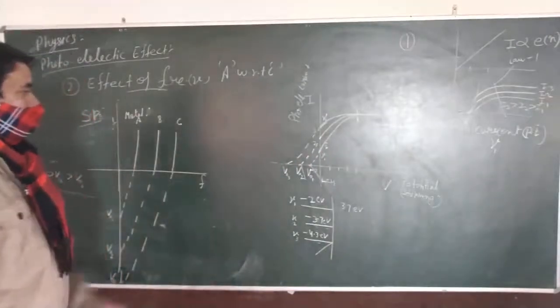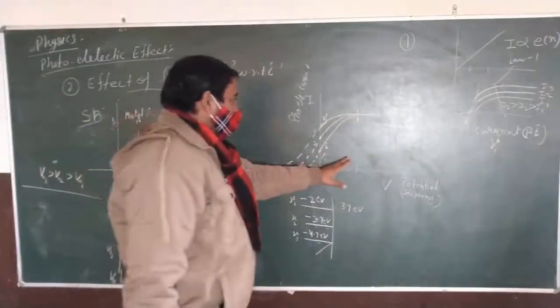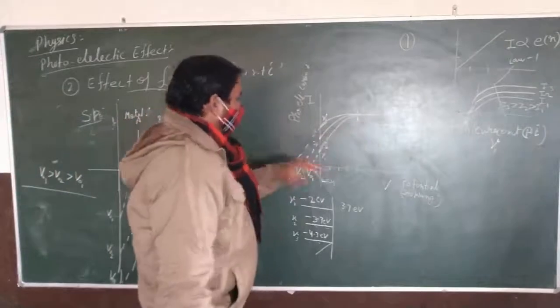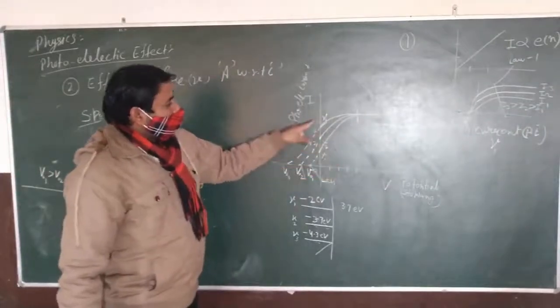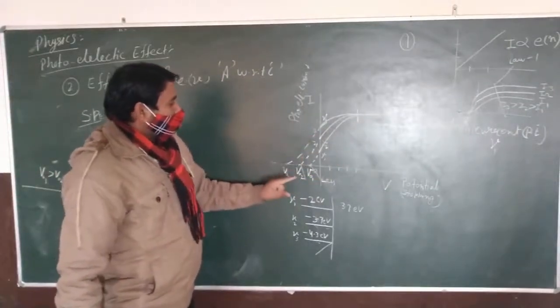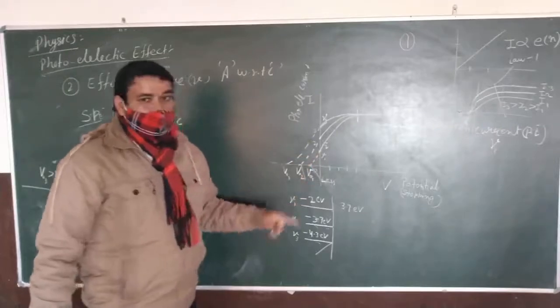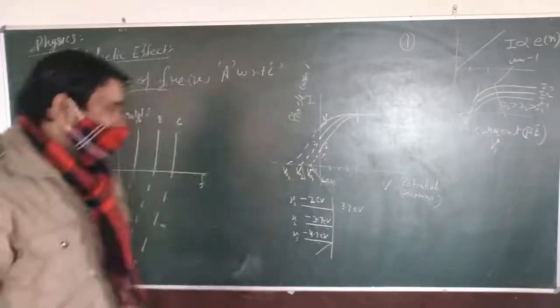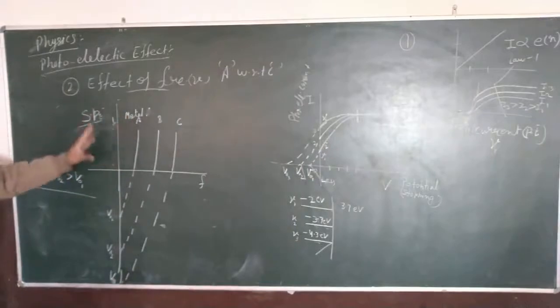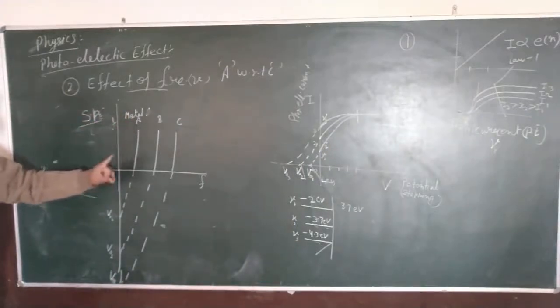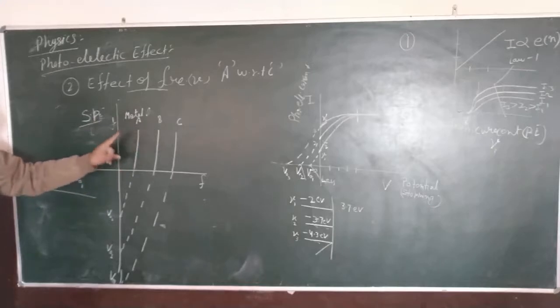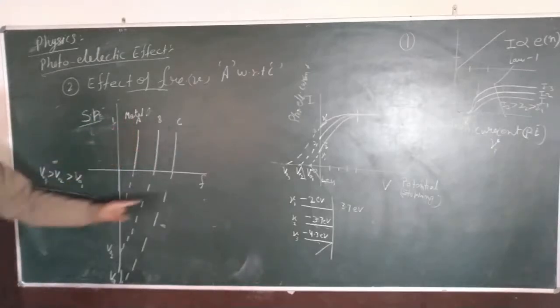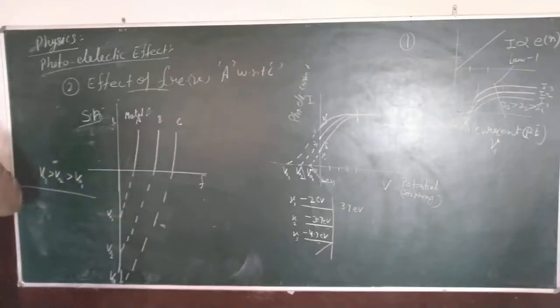The next graph is for different frequencies falling on the photosensitive material; there is a different stopping potential for each, and this graph gives the behavior of the metal and emission of electrons from different metals A, B or C with different frequencies.